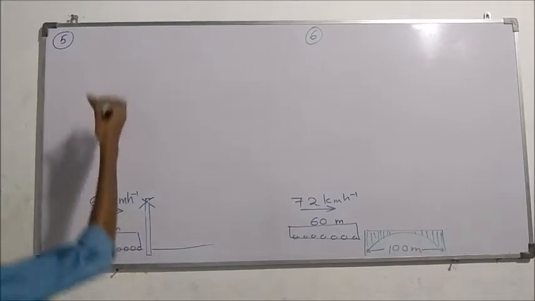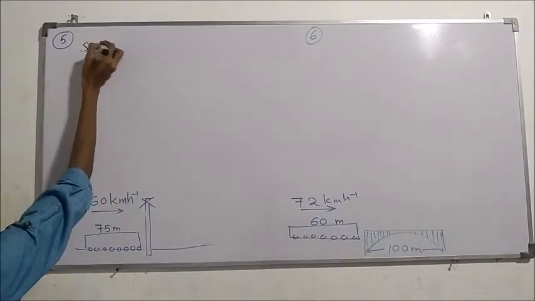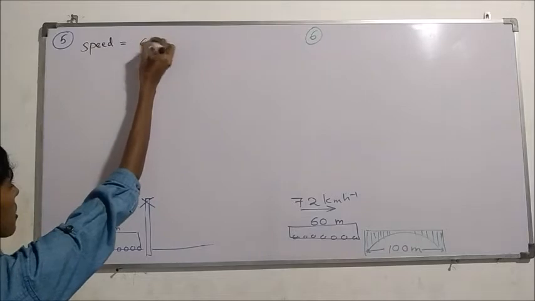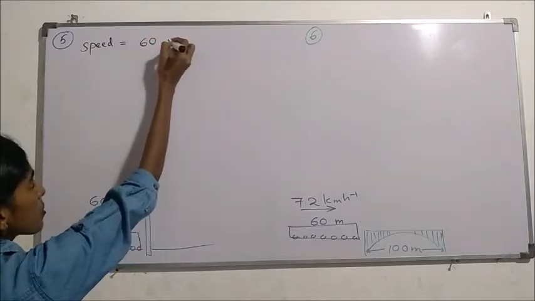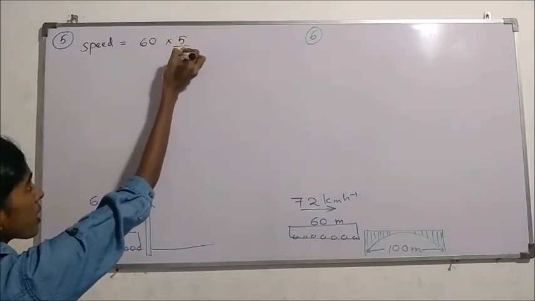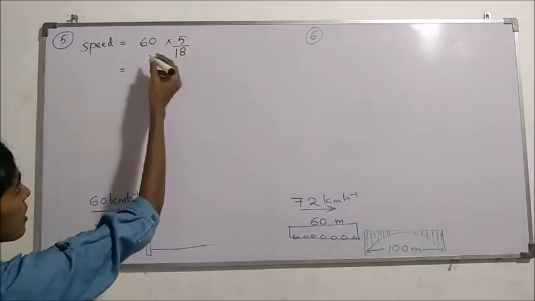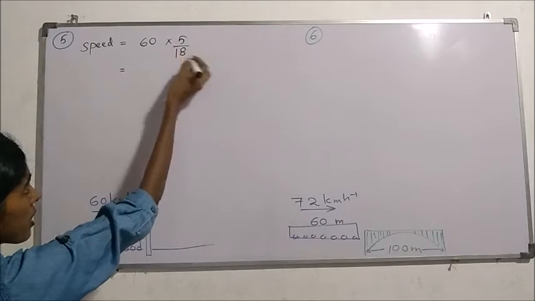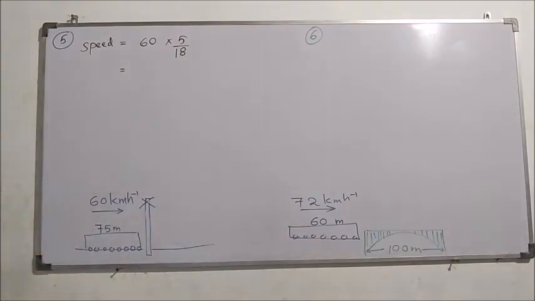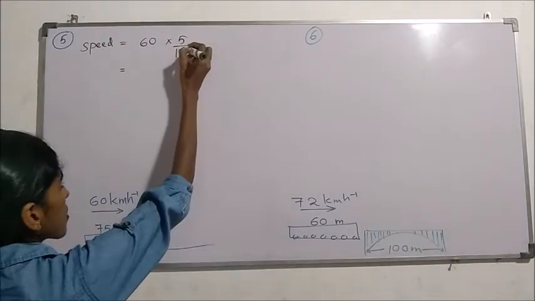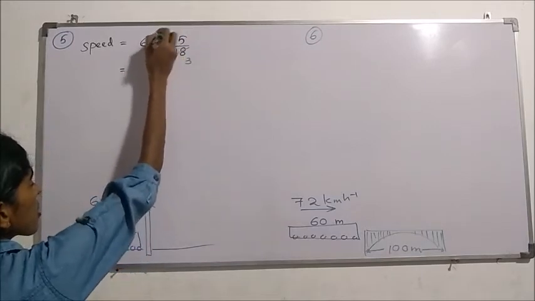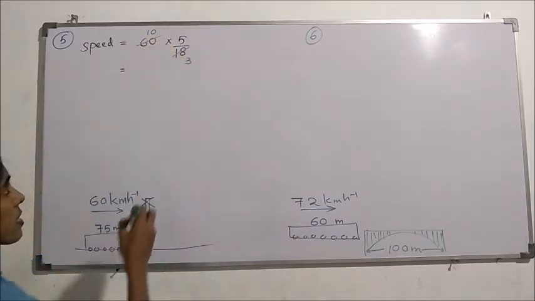Okay, first we will convert the speed here. 60 kilometers per hour, so multiply by 5 over 18. So here 18, we can see that both are divisible by 6. Here 6 times 3 is 18, 6 times 10 is 60.